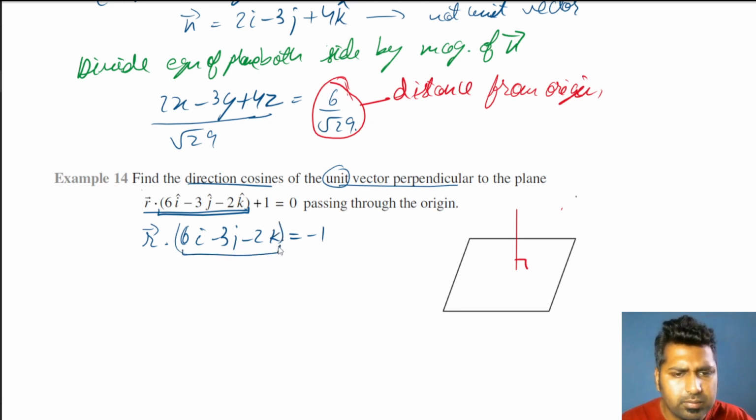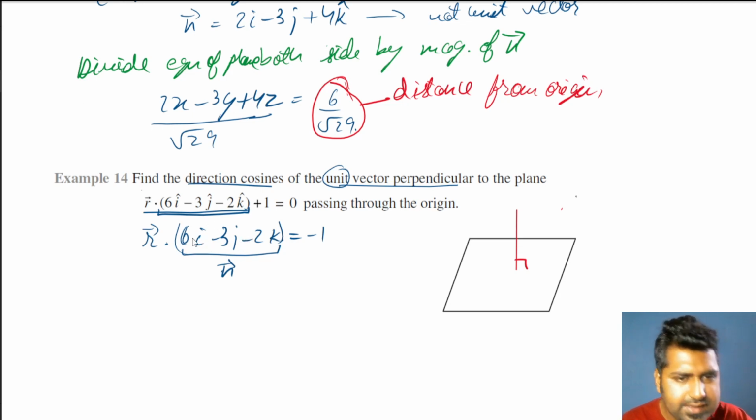This form says this is the n vector. But could it be the n cap vector also? No, we have to check it ourselves. This can be n or it could be n cap. Either the coefficients of x, y, z, or whatever is in the dot product with r, will be your n vector.